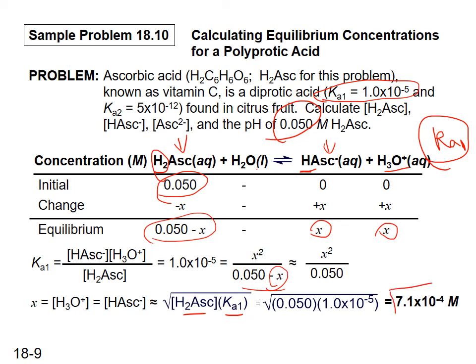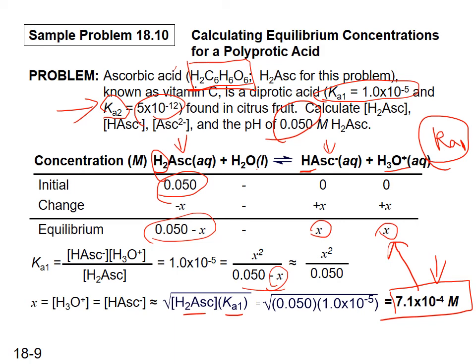So this is the concentration of hydronium ion generated by the first dissociation reaction of the weak acid. Now the second dissociation must also generate some, but because Ka2 is so small compared to this hydronium ion, it must be negligible.